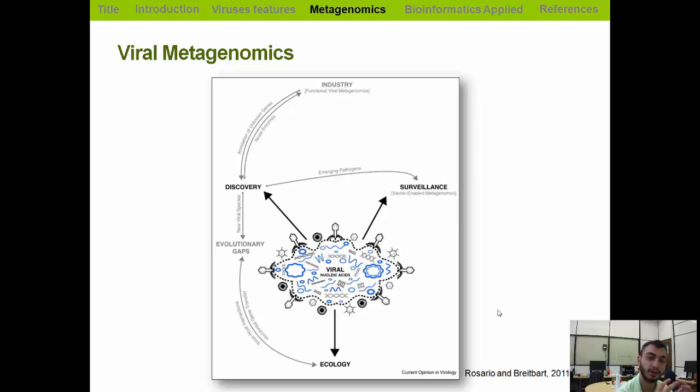This discovery of new species can solve these gaps, and it could give us a panorama, an overview of the ecology itself, so it could give us data to solve some community ecology theories that we have not solved yet.